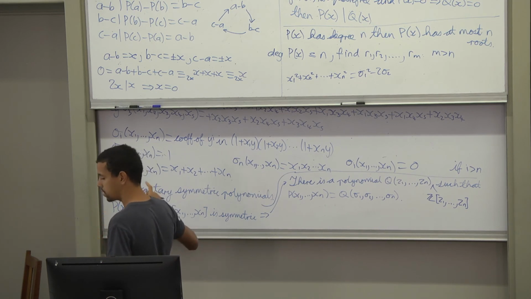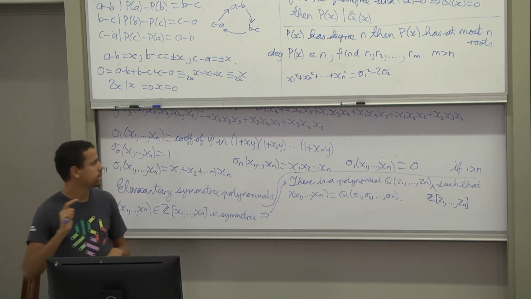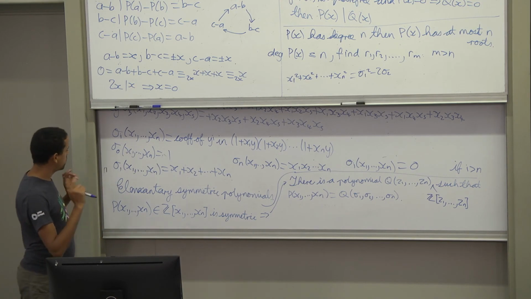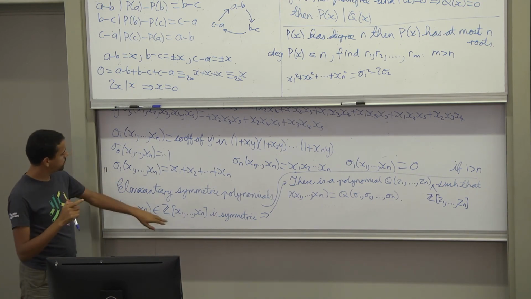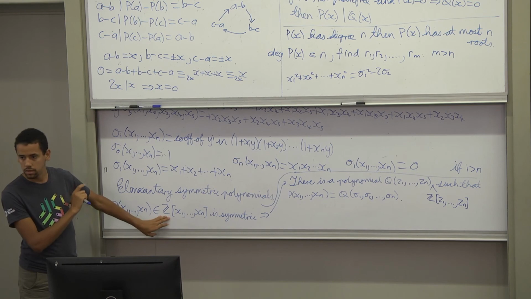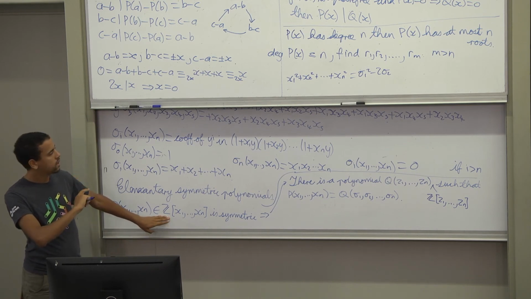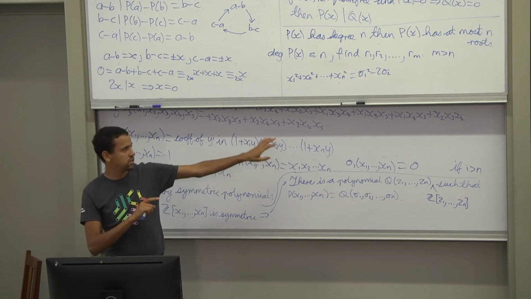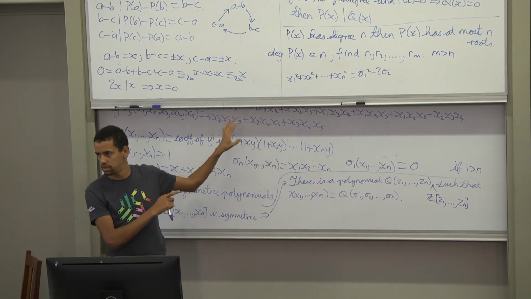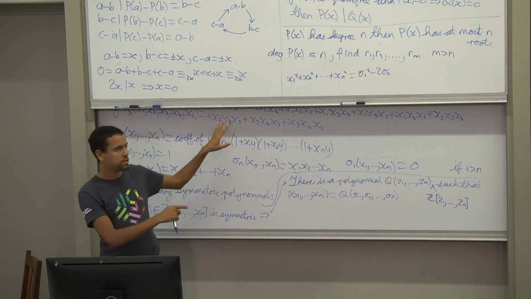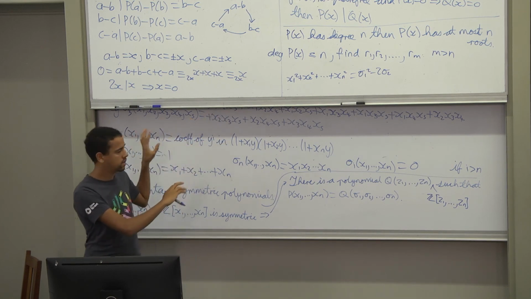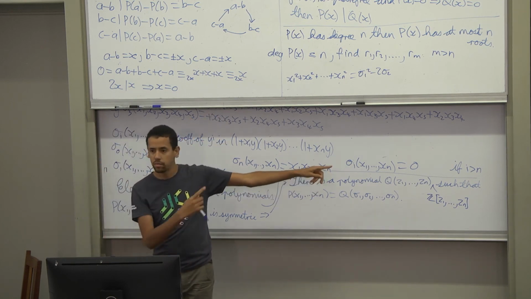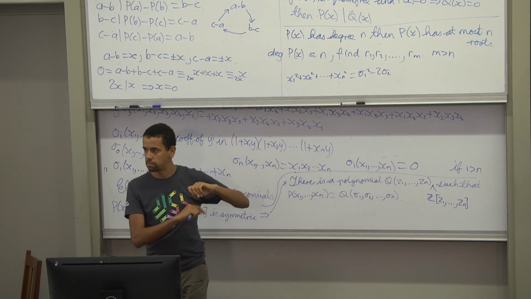Why integer coefficients is important is that I might choose my P to have integer coefficients and end up with my Q having rational coefficients if I choose the wrong set of elementary symmetric polynomials. But because I chose this particular set, I can also guarantee that my Q has integer coefficients.